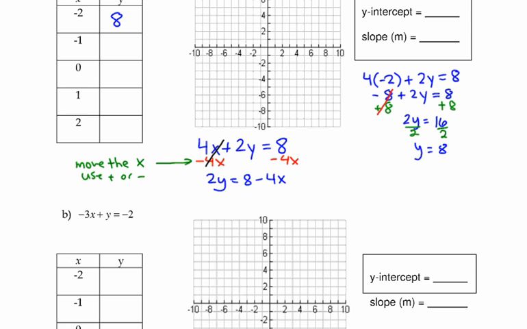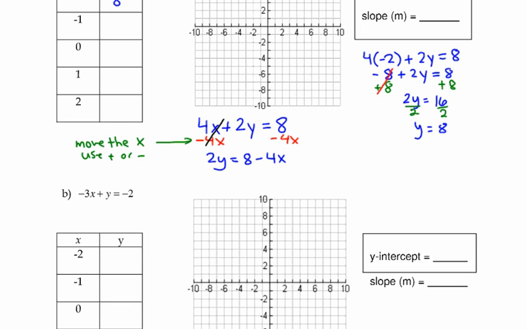Okay, our next step. That was our first step when x and y are on the same side, moving the x. The next would be we have 2y, and how do we get rid of the 2? Divide by the coefficient of y.